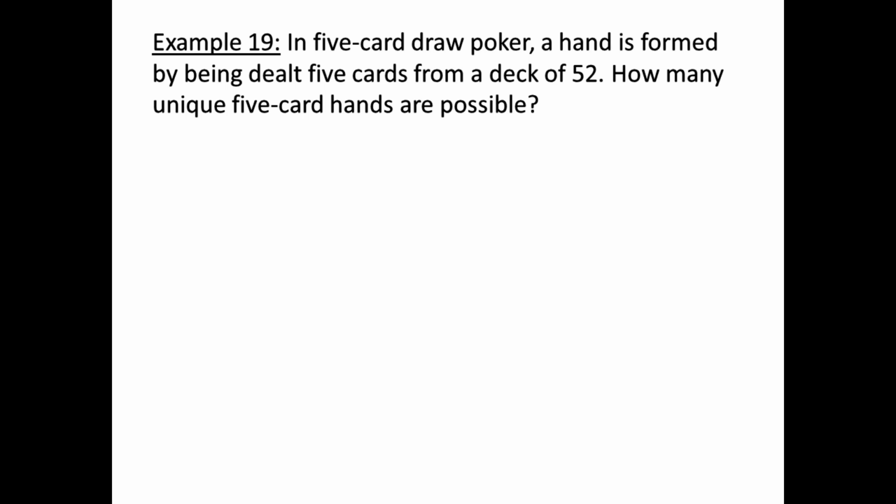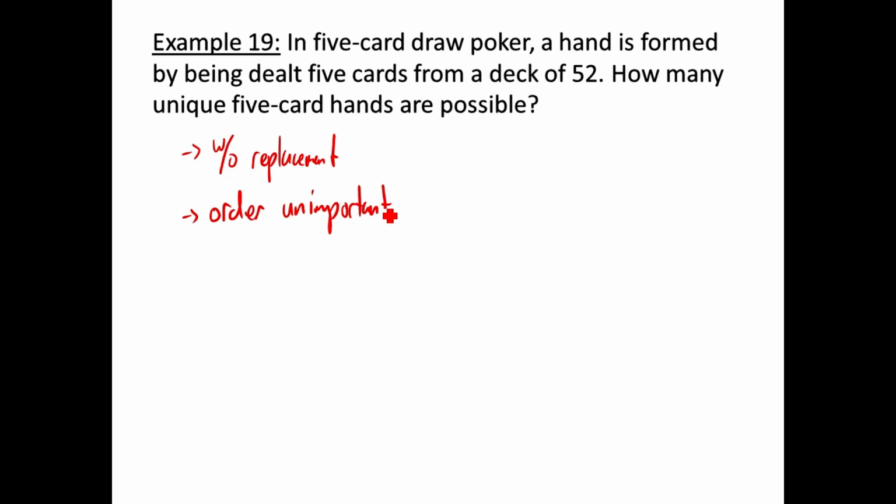Does the order that you receive the cards matter, though? No, it doesn't, right? So this is without replacement, and order is unimportant, because it doesn't matter when you get the card; at the end of the day, you still have the same 5 cards.